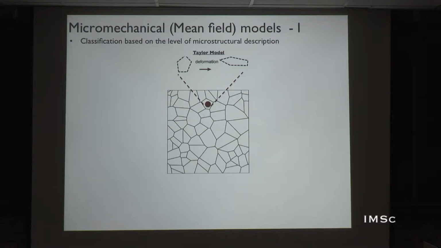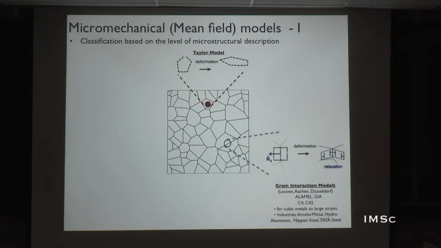That's one way to go, where we say there is no influence of the deformation of one point in the microstructure on the rest. On the other hand, you have the so-called grain interaction models. Say, instead of discretizing the microstructure as a set of grains, why don't we discretize a set of grain boundaries?